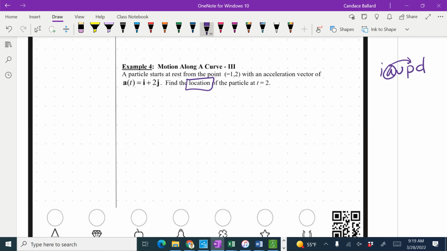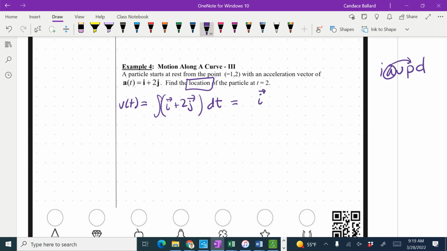So we have to get our velocity vector first. This is going to look a little bit different than what it did before, but we're going to go with it. So I'm going to find the velocity vector first. I know I need to integrate i + 2j dt. Remember the i and the j just get tacked on to the end of everything here.